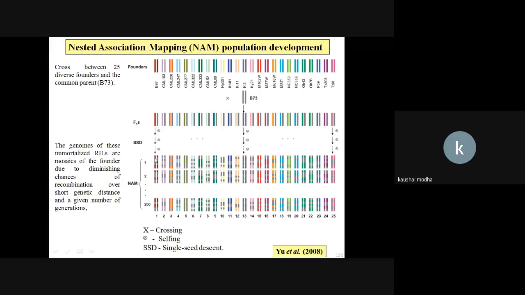You can see here, because of the recombination between this founder line and the common parent, blocks of gray and maroon color. So there are homozygous blocks present according to the concept of RIL development. These gray regions and blocks indicate linkage blocks. That means these blocks are present due to real-time recombination that occurred here.